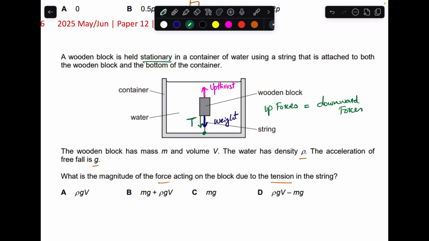Upward force is upthrust, let me write it as UpT, and downward is tension plus weight. I have to write for the tension, so tension is equal to upthrust minus weight. For upthrust, we know it is rho g v, and weight is mg. So it's option D.